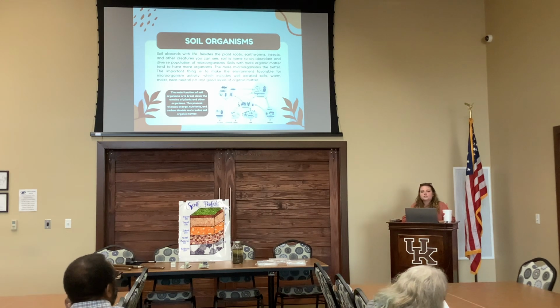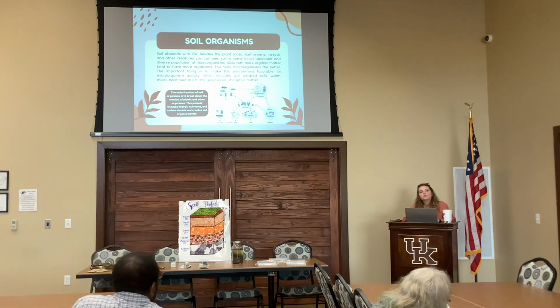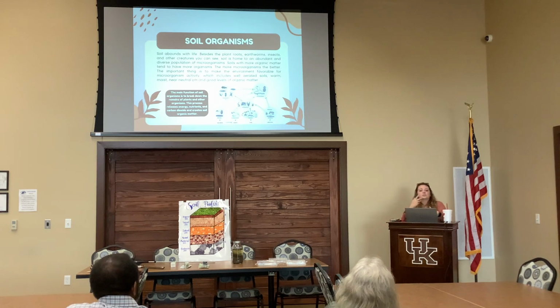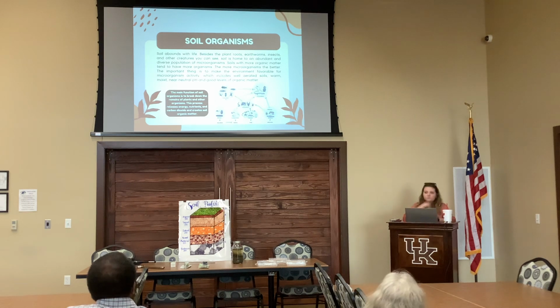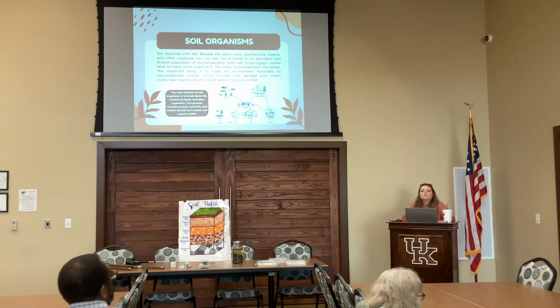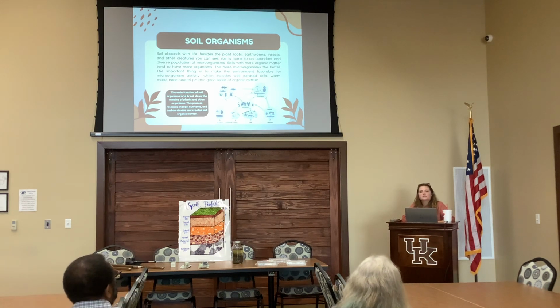So a lot of their nutrients pretty much stay in the same spot, aside from being removed by the plant throughout the growing season and then replenished with cover crops and maintenance the following year. But having a perfect, comfortable room for your tenants to stay is very important when it comes to microorganisms.